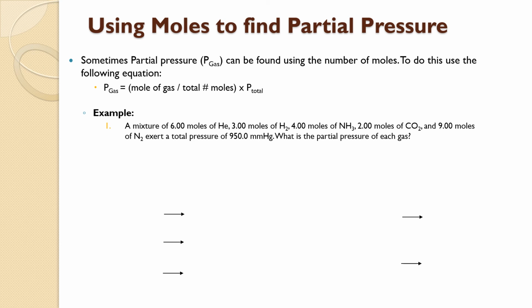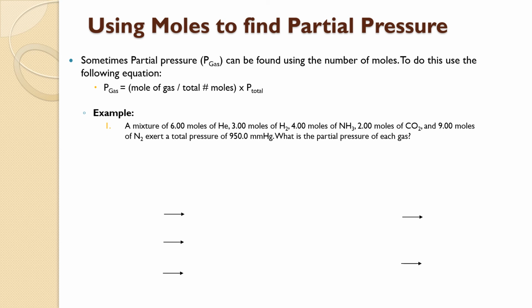From here, you can see that we use that equation. The partial pressure of a gas equals the moles of the gas divided by the total number of moles, multiplied by the total pressure. The total number of moles when I added all these numbers together was 24 moles. For example, for the partial pressure of helium, the problem stated it had 6 moles.